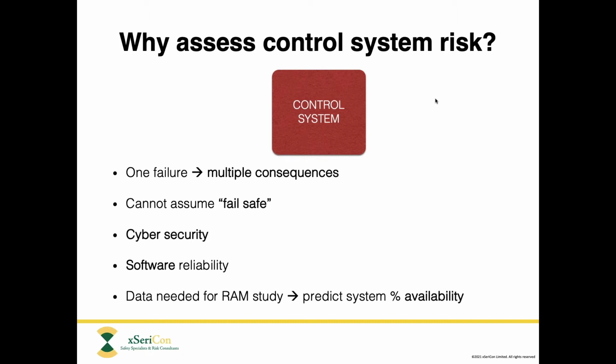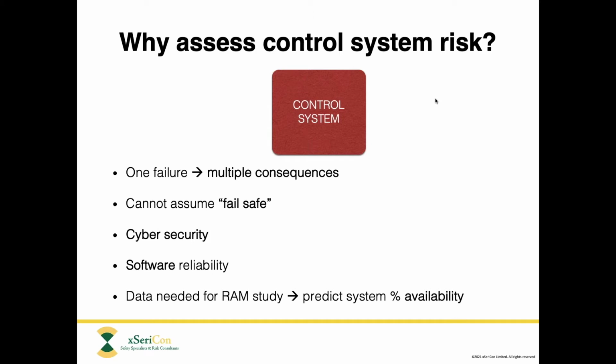If you imagine that we have one part of the control system, maybe the CPU or an I/O card malfunctions, it could knock out a whole lot of control loops, of alarms, maybe even some safety barriers that are built into the system. And we need to be able to take into consideration the fact that we might lose a lot of functionality all at the same time as a result of a single point of failure.